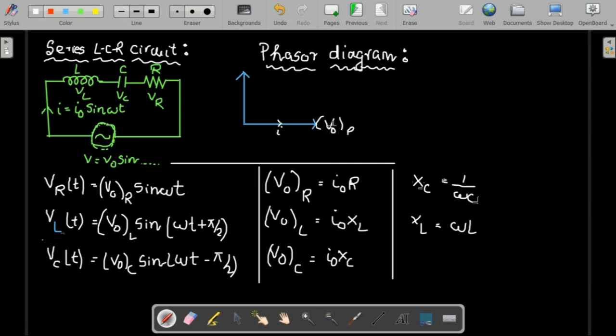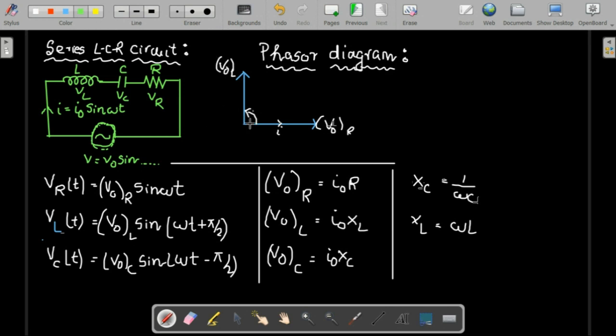That is R. If you're going in the anti-clockwise direction, that means we are going towards the positive axis, or we are going to plus pi by 2. So here plus pi by 2 is this, so we can write V naught L along this axis.